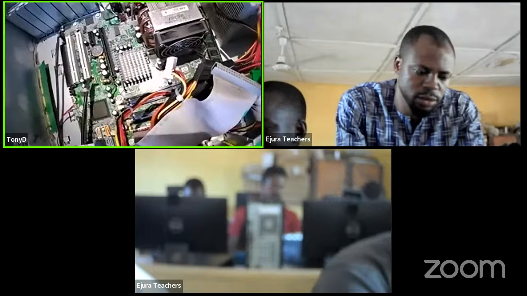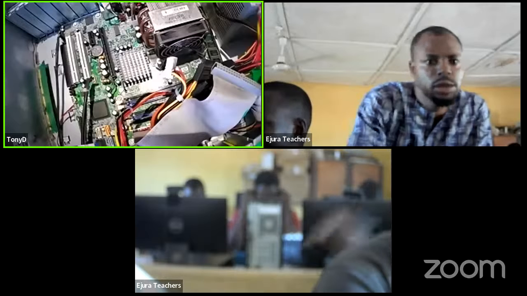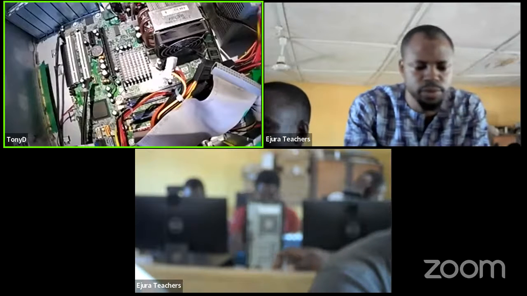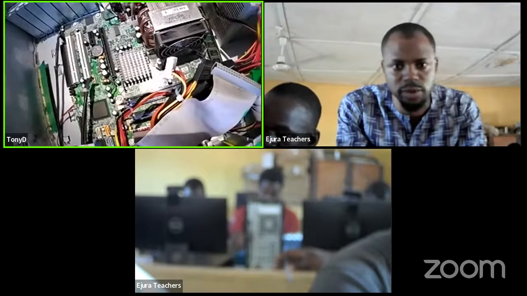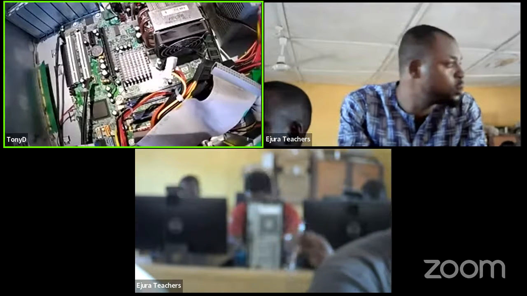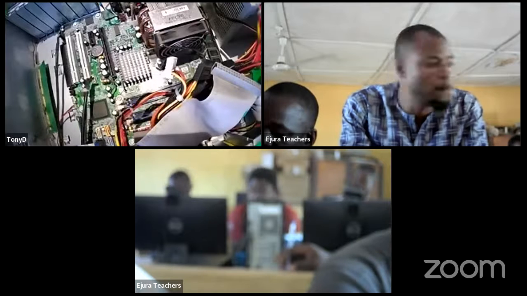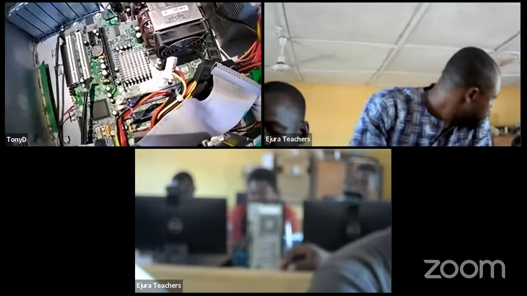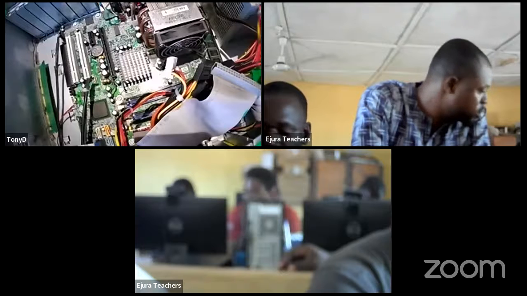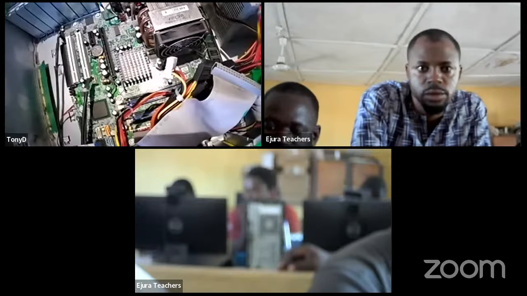So with that understanding, who can tell me the functions of a motherboard? Why is the motherboard there? Yes. The motherboard coordinates with other components of the computer to process and then give out output.